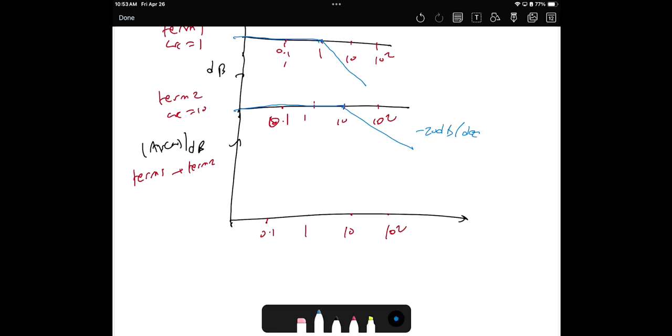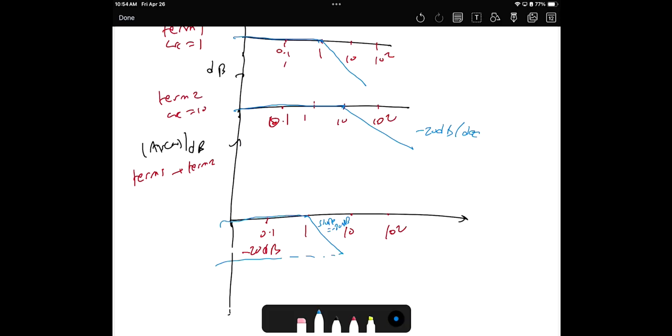Before 1, everything was zeros. After 1, it will be with a slope of negative 20 dB. Now at 10, what's happening?